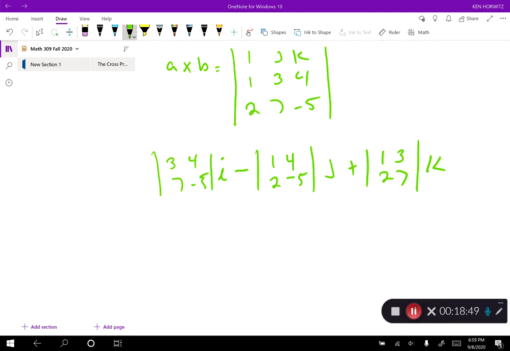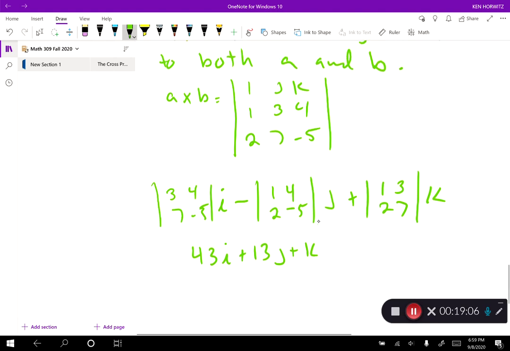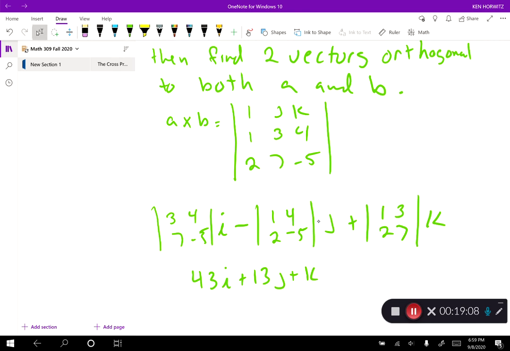All right, so hopefully you did the algebra okay. Your answer should read 43i plus 13j plus k. This is your vector that's orthogonal to both. Now let's look up at the original question. It said find two vectors orthogonal to both.